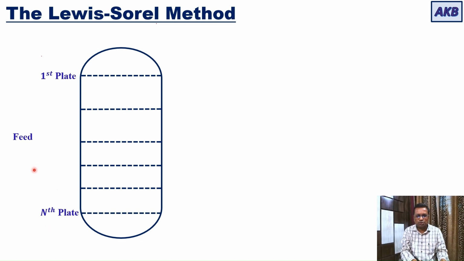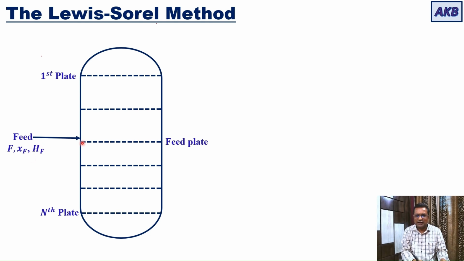Then the feed solution will be admitted on one of the trays that is almost centrally located. We call that plate the feed plate. So feed is entering at a molar flow rate of F. It has a mole fraction XF of the more volatile component in it, and HF is the molar enthalpy of the feed.